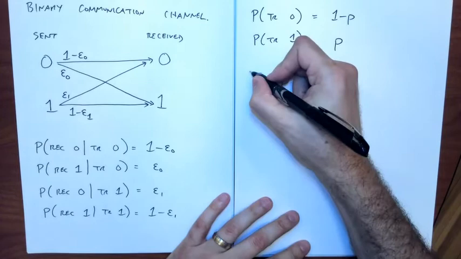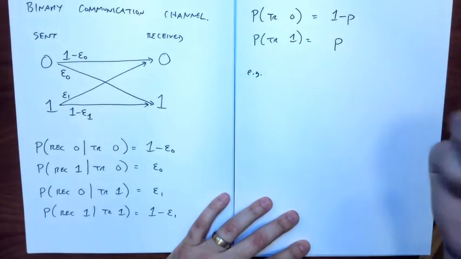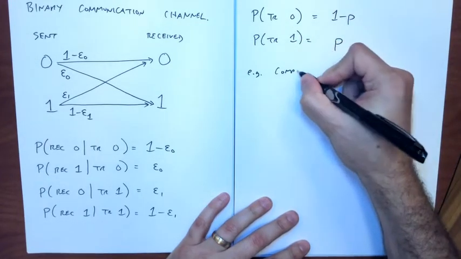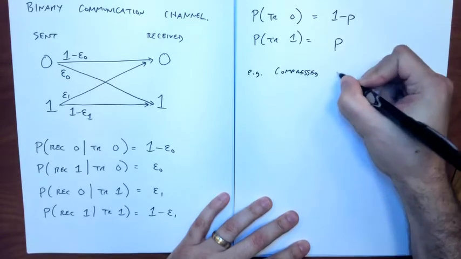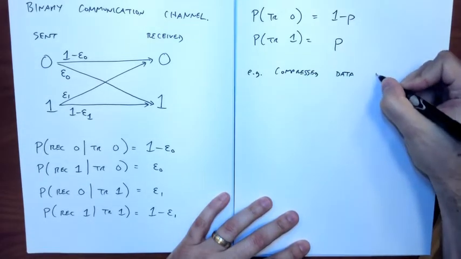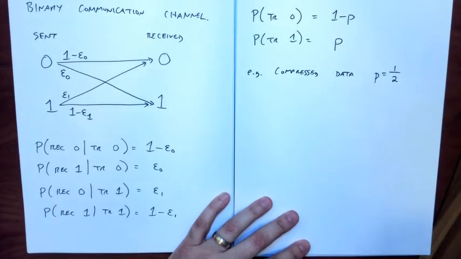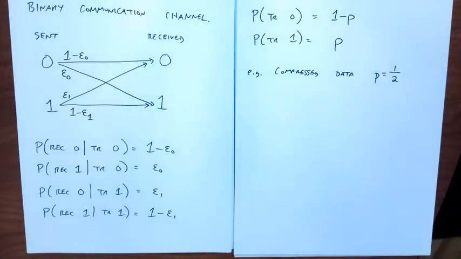So for example, for compressed data, usually what you try and do is make the relative frequencies of the zeros and ones as close to even as possible, so there's no kind of bias in what's going on across the channel, right?